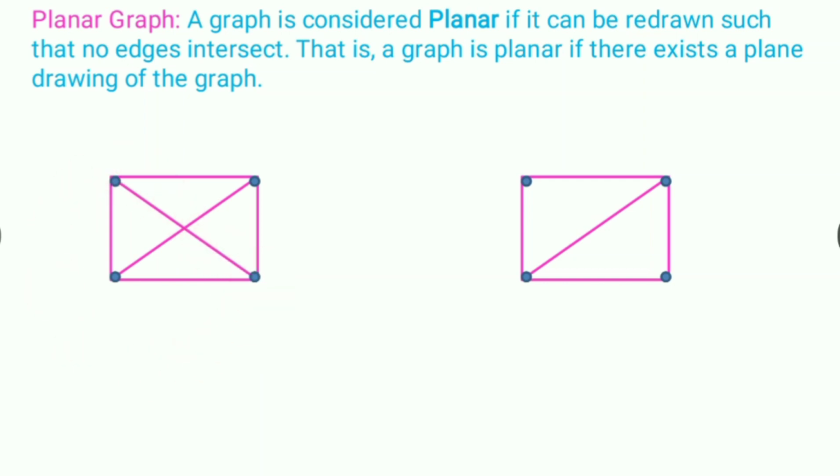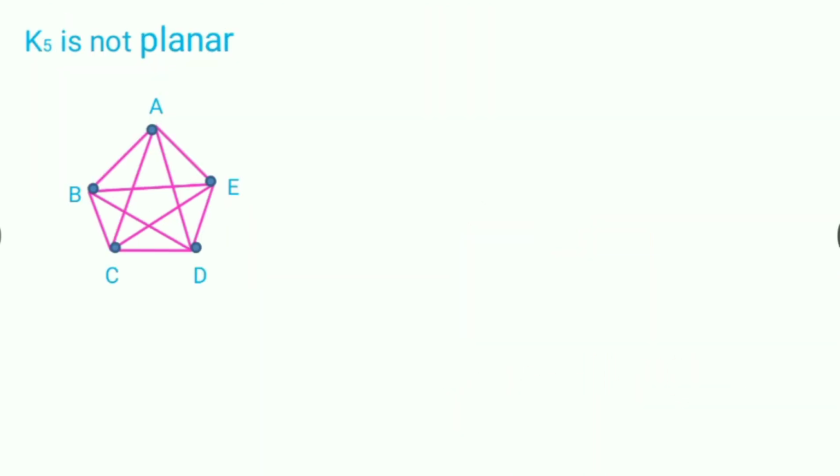It can be redrawn this side, right? So the graph will look like this. Such a graph is a planar graph, because we have redrawn this graph into this graph, and in this graph no edge is intersecting with another.